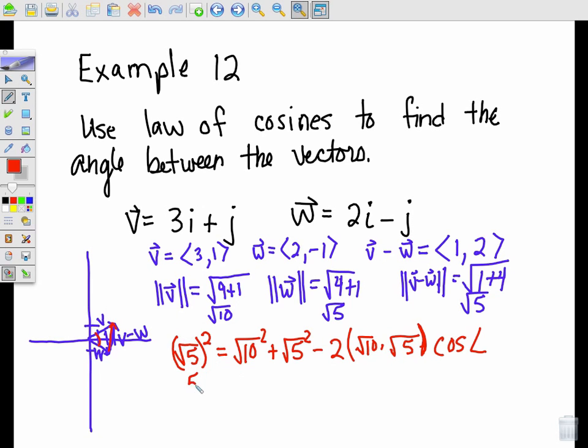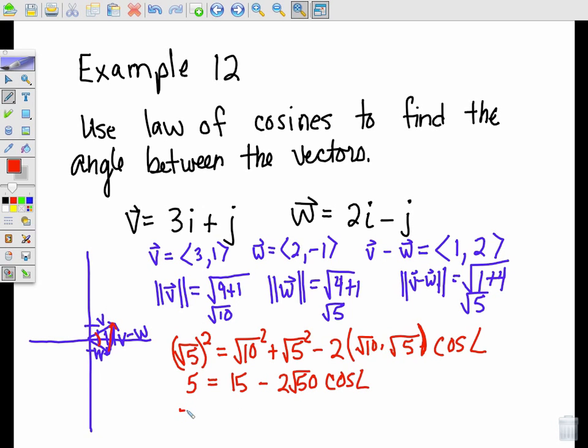This is what we're going to solve. So we've got 5 equals 10 plus 5, which would be 15, minus 2 times the square root of 50, and times the cosine of my angle.